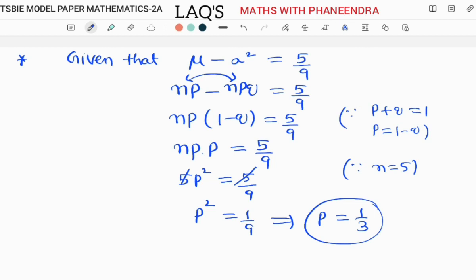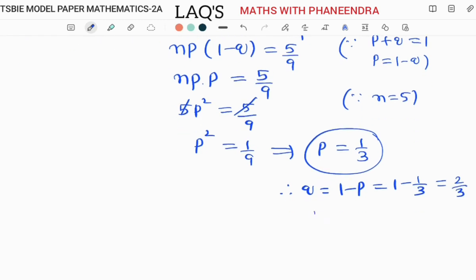So q value also we can get. Therefore q is equal to 1 minus p, that is 1 minus 1 by 3, so 2 by 3. So q is equal to 2 by 3. p value we got, q value also we got.